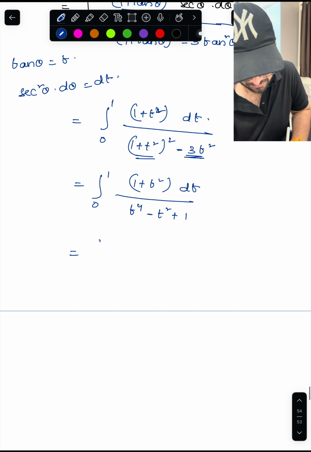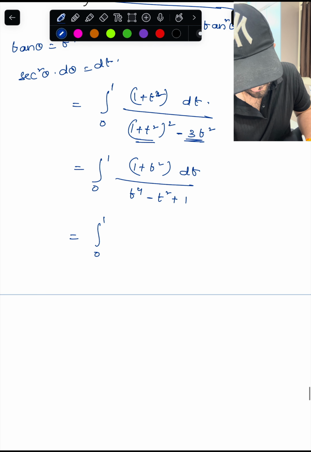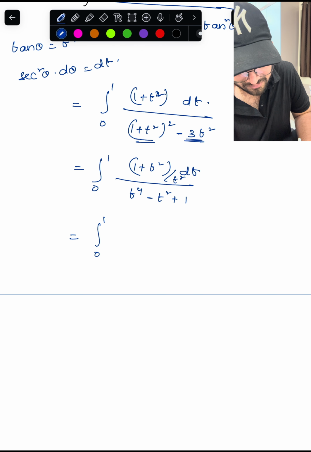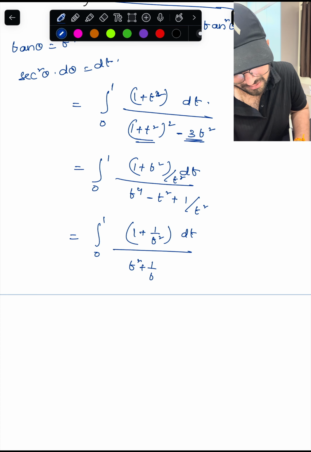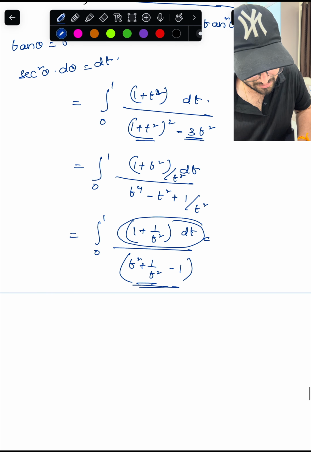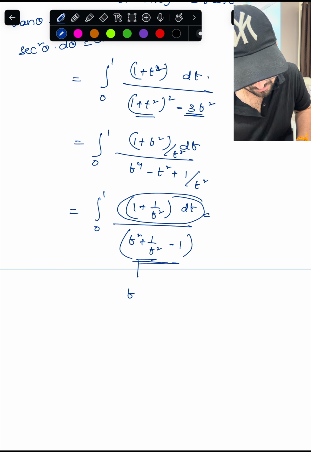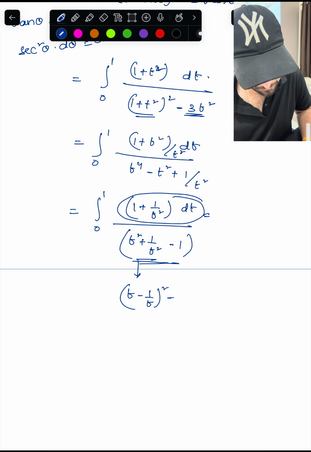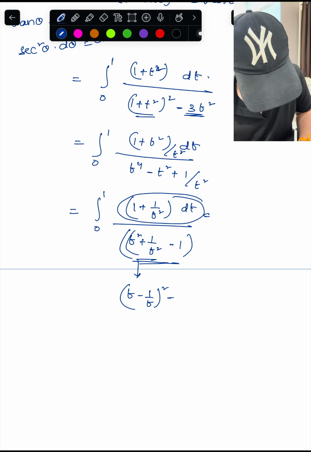This kind of integration we can do like this. From 0 to 1, divide the numerator and denominator by t square. You will be getting 1 plus 1 by t square dt by t square plus 1 by t square minus 1. I can convert the denominator as t minus 1 by t whole square, plus 2 minus 1.